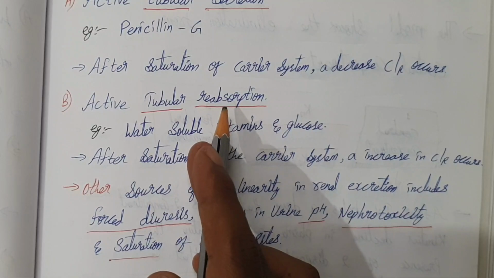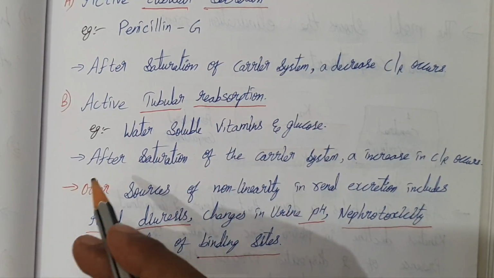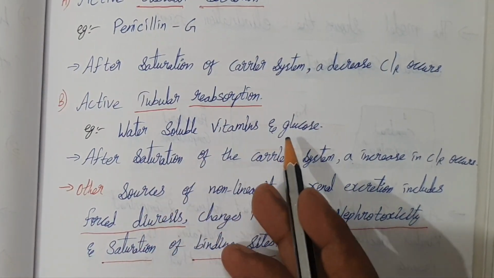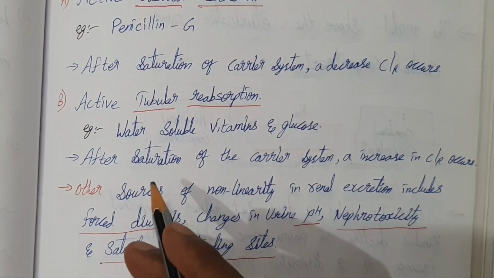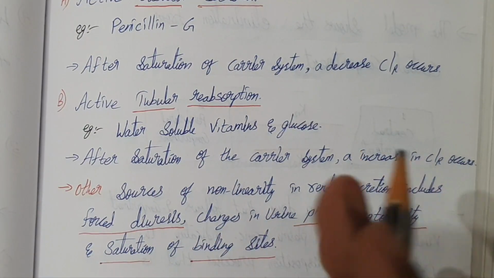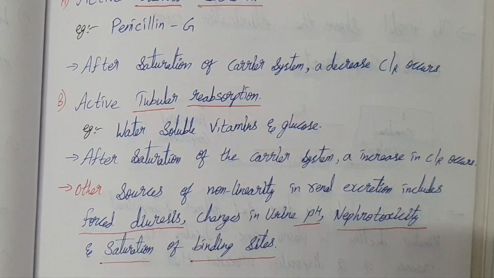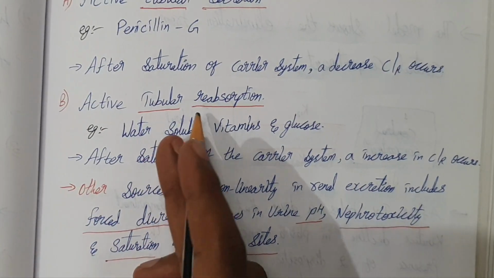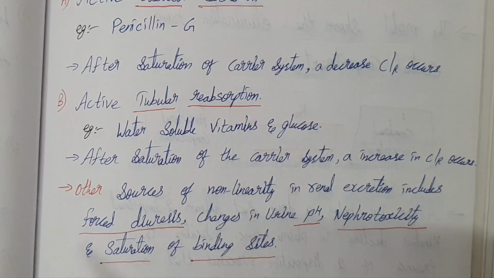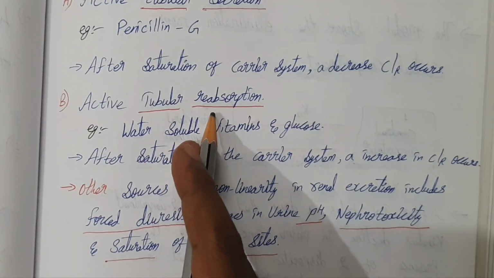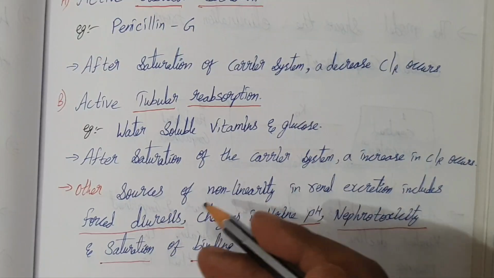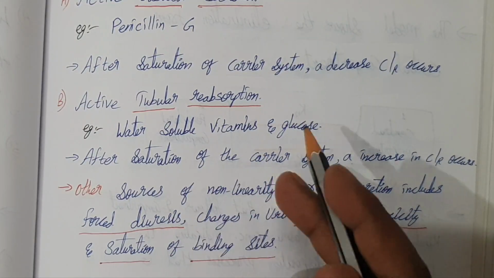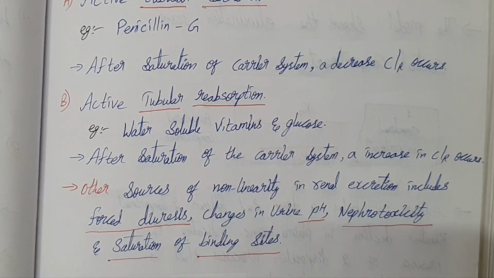Then we have active tubular reabsorption saturated. Examples like glucose, vitamins. When reabsorption transporters are full, clearance increases, because reabsorption does not take place, so they will be eliminated, cleared from the body.